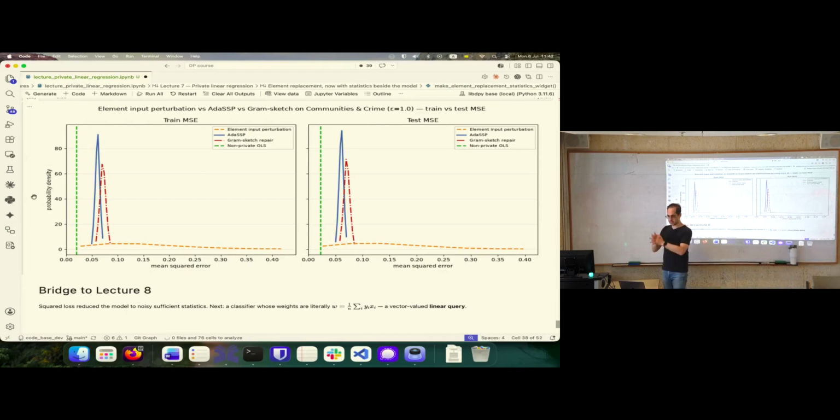The take-home message, besides that this is what happens in linear regression and this is how I can do it in a private manner, is that this is another example of two concepts that I try to keep visiting back in this course. One is that the challenge of learning in a private manner is very close in its flavor to the challenge of learning in a robust or in a generalizable way. It's the same thing.